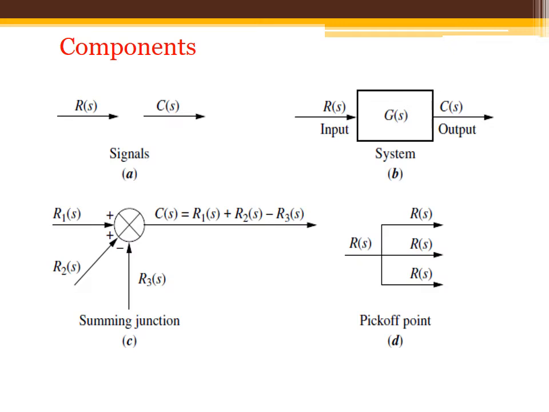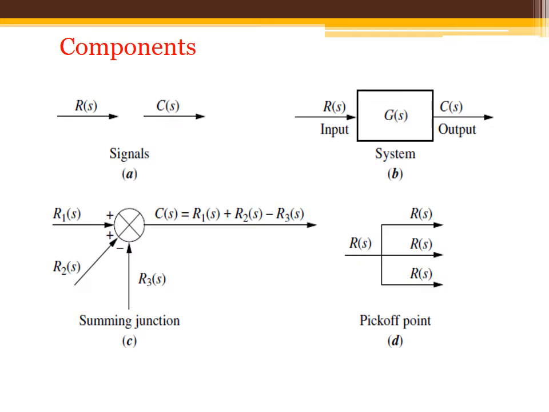Blocks can be represented with a rectangular box. Inside that we write down the gain of that block. So here G of S is the gain of that block, R of S is the input and C of S is the output. The summing point is represented with a circle. In this we can add or subtract a number of inputs.